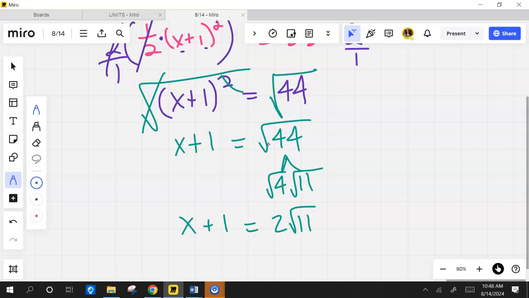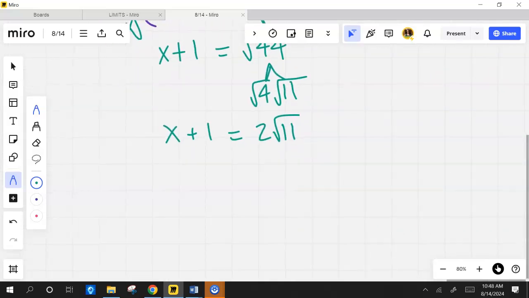I gotta subtract 1. That's exactly right. When I subtract 1, does that become 1 square root 11? The square root of 11?